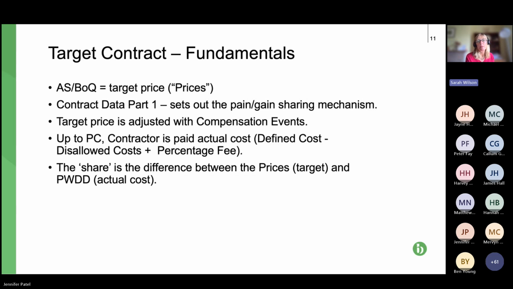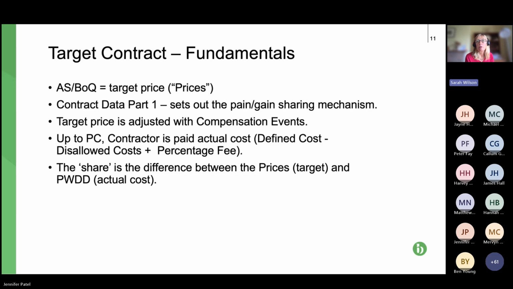Up to practical completion, the contractor is effectively paid what I refer to as actual cost, but it's called in the contract defined cost. So paid defined cost less the disallowed cost plus the percentage fee or the fee percentage.